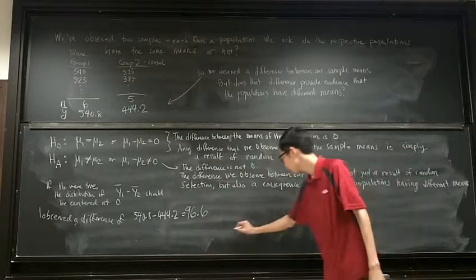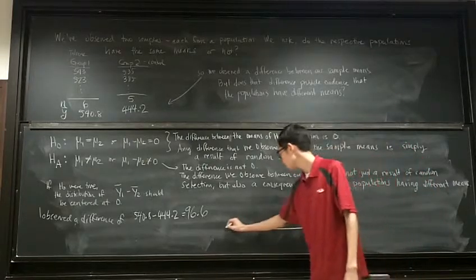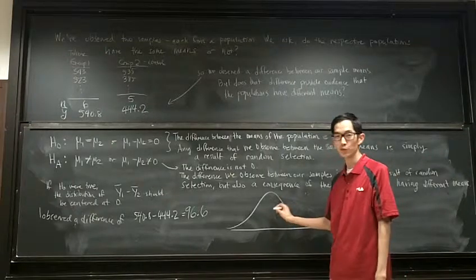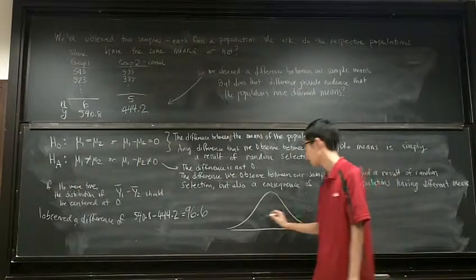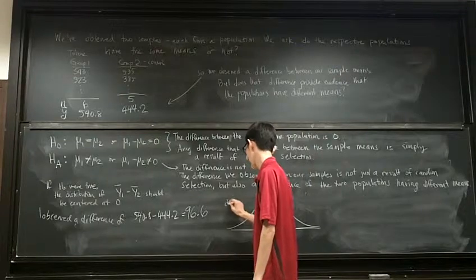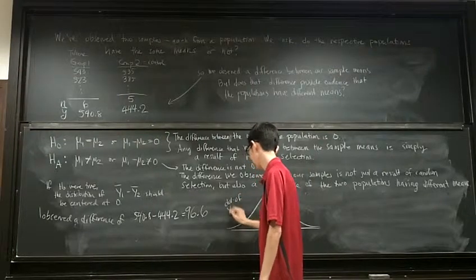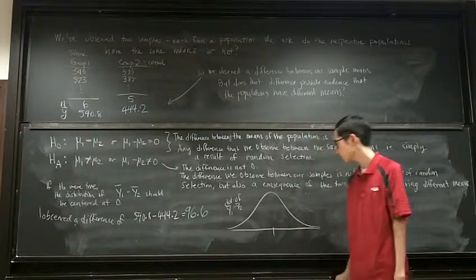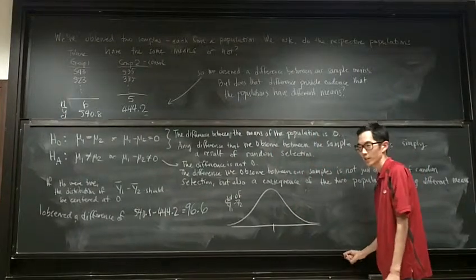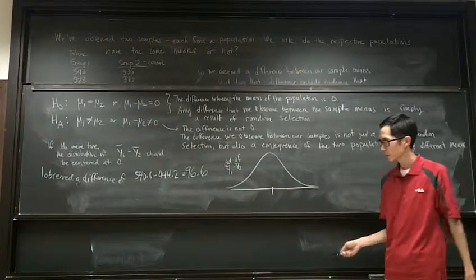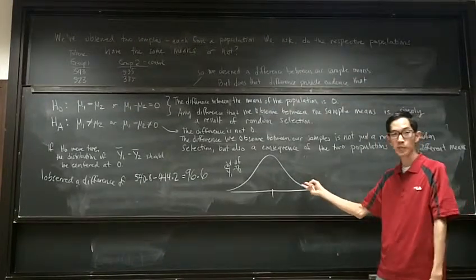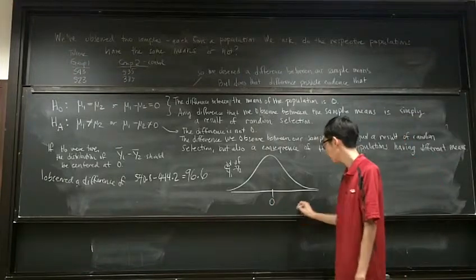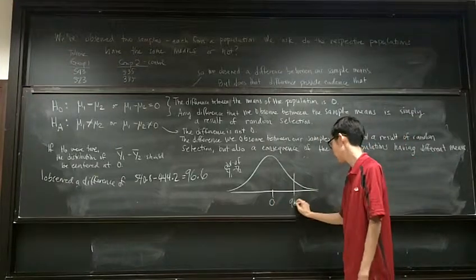So you can imagine I'm drawing up a distribution. This is the sampling distribution of y1 bar minus y2 bar, okay? So anytime I take two samples and I record the difference between the sample means, I'm expecting a difference of 0. What I observed was a difference of 96.6.